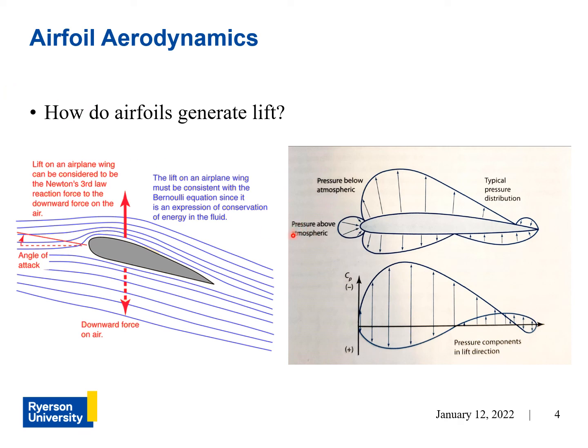Now there are lots of ways to interpret how lift is generated by an airfoil. As you can see in this diagram to the left, there's the Newton interpretation, which states that lift on an airplane wing can be considered to be the Newton's third law reaction force to the downward force on the air. And then there's the Bernoulli interpretation, which I explained earlier, that states that the lift on an airplane wing must be consistent with the Bernoulli equation, since it is an expression of conservation of energy in the fluid.